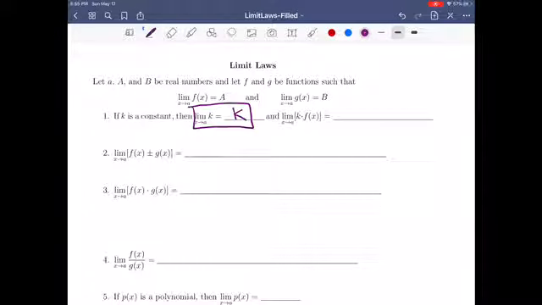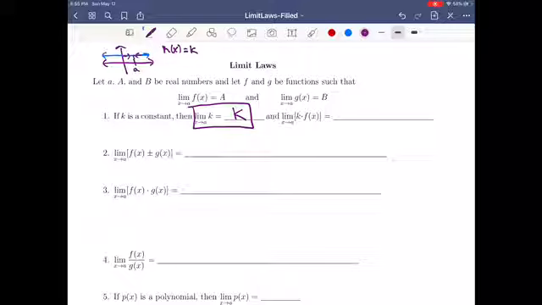So the idea here is if you have a graph and your function here, so I don't want to call it f of x, let's say h of x, it's just k. So that means the graph of it is a horizontal line. So at any point a, you're going to approach k because it's already there on both sides. So the limit of k is k.